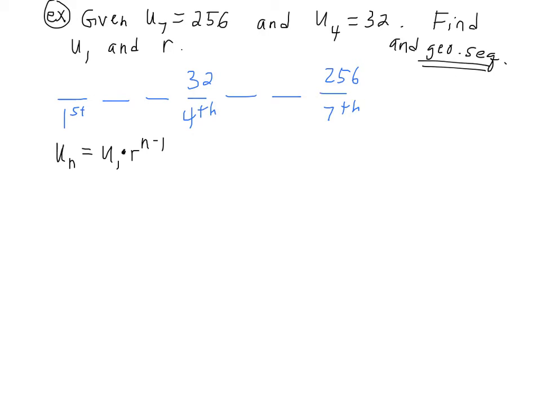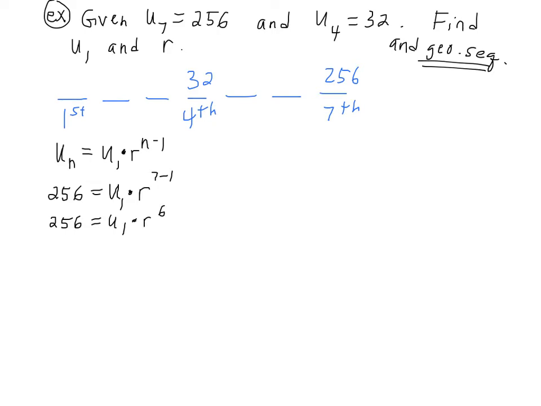That means we have this general formula that is applicable. If we put in 256 for u sub n, we don't know u sub 1, we don't know r, but if 256 goes in for u sub n, that means that we have 7 for the n value. So 256 equals u sub 1 times r to the 6th.